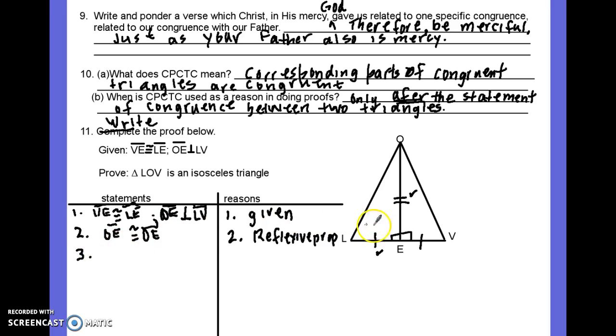So here I go. I can say that angle, this angle at E, which is LEO. Please don't call it angle E. Angle LEO is congruent to this angle here. And again, that's not angle E, because E could be here, E could be here, E could be the straight angles.